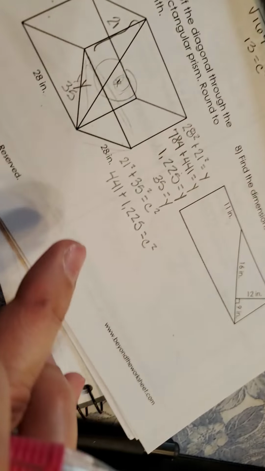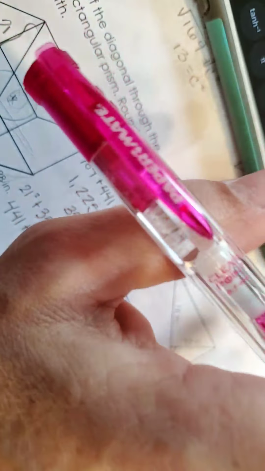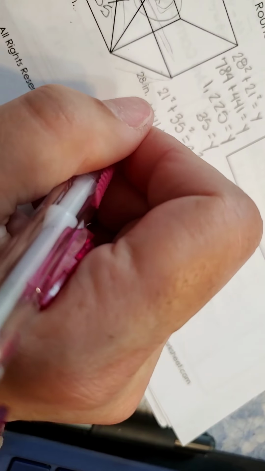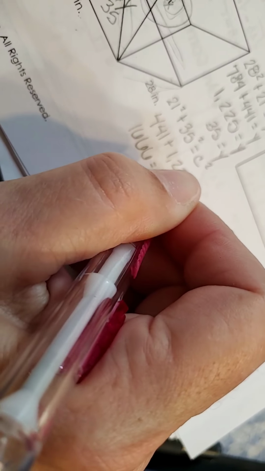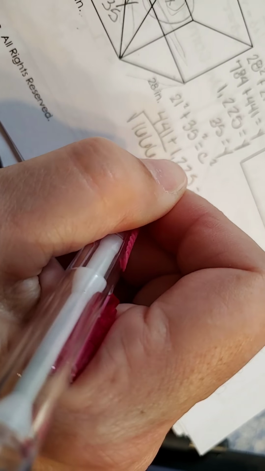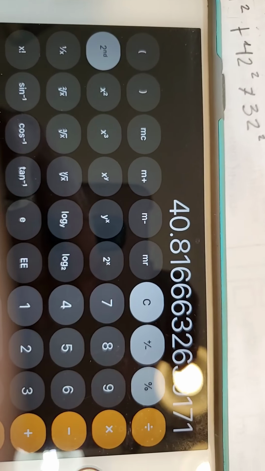I'm going to scoot this over a little bit more. I'm going to add them together, and I've got 1,225 plus 441, and I get 1,666 equals c squared. I'm going to find the square root of that, and that's going to give me my answer. The square root is 40.81.